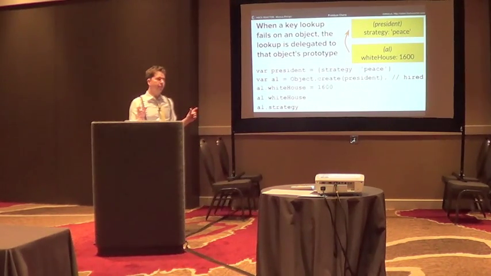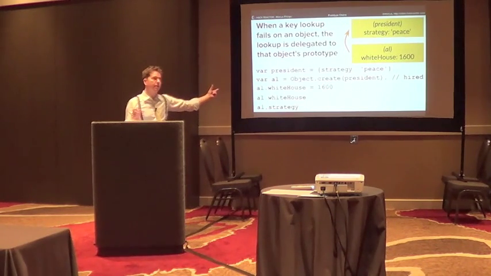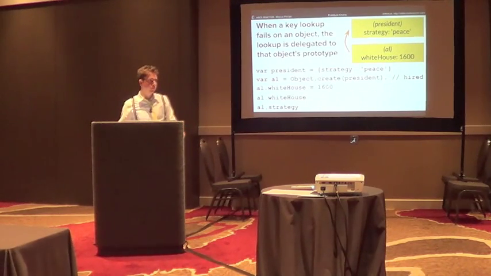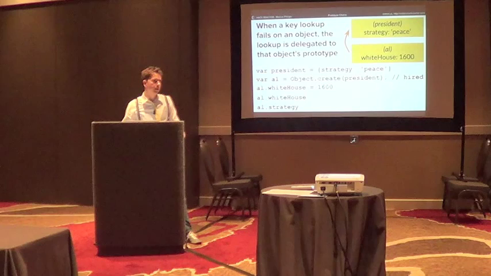As long as object 2 is in existence, as long as Al is in existence, he will delegate all of his failed lookups to the president, in this case. Does that make sense? So the object.extend would, at the end of using object.extend, we would end up with 2 presidents. Is that what you're saying? You would end up with 2 objects that share all of the exact properties that the original president did.